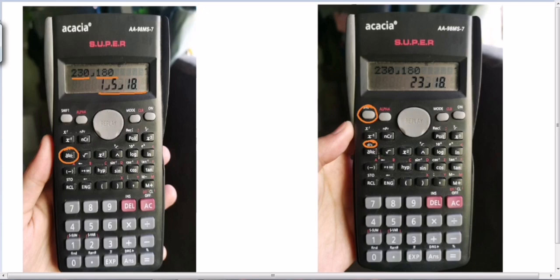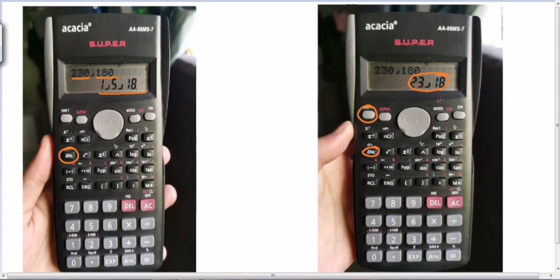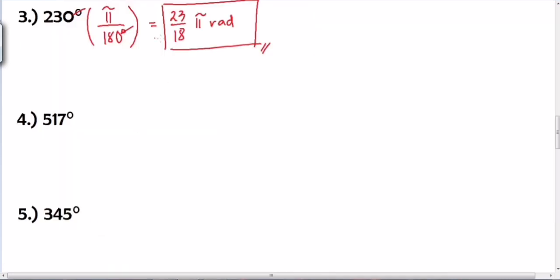Okay? Since gusto natin lumabas yung D over C, yung nasa ibabaw niya, kaya sinishift natin. So, shift DC or shift ABC, lalabas yung improper, which is the same with this one. Ayan, 23 over 18. So, parehas na sila. Okay? So, para uniform lahat ng sagot natin para sa radian. Okay? So, the answer is 23 over 18 pi rad.